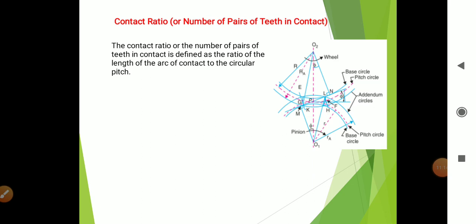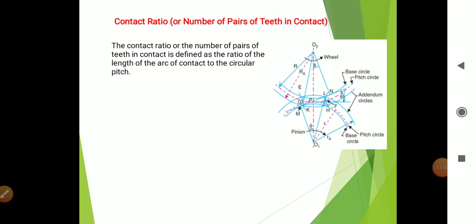We saw in the previous derivation, that is arc of contact, we used the terminology length of path of contact. And here in contact ratio we use the terminology arc of contact divided by circular pitch. That means there is a connection.